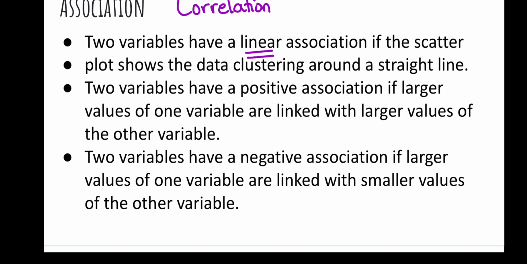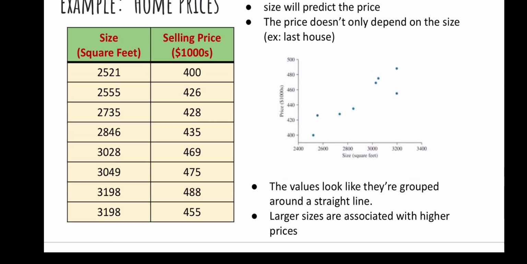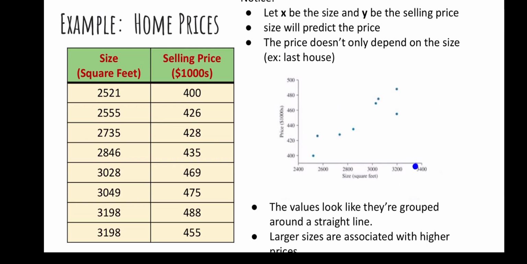Two variables have a positive association if the larger values of one variable are linked with larger values of another. So if we look here, the larger house sizes are linked to the higher house prices. That would be a positive linear correlation or association.